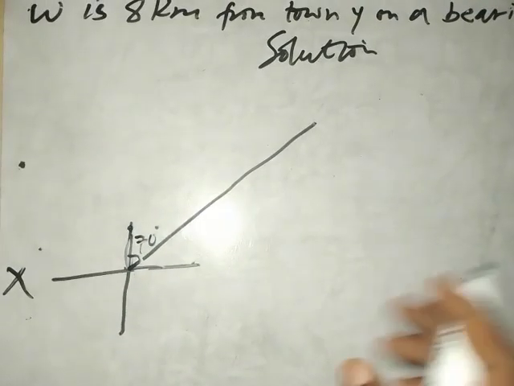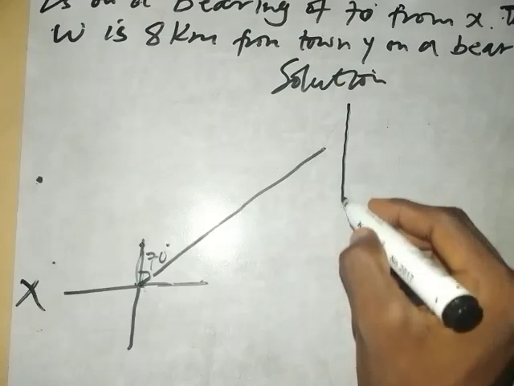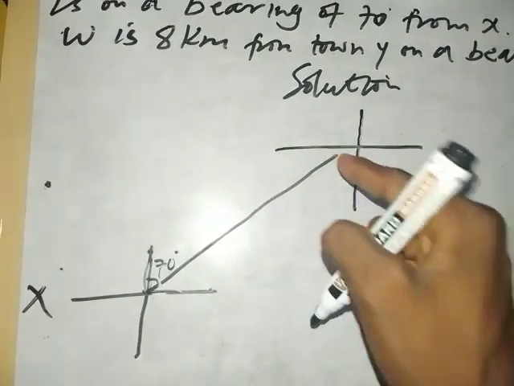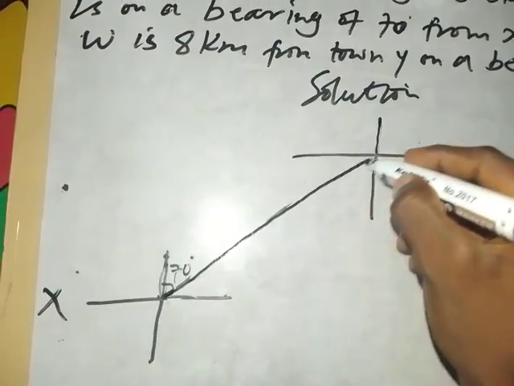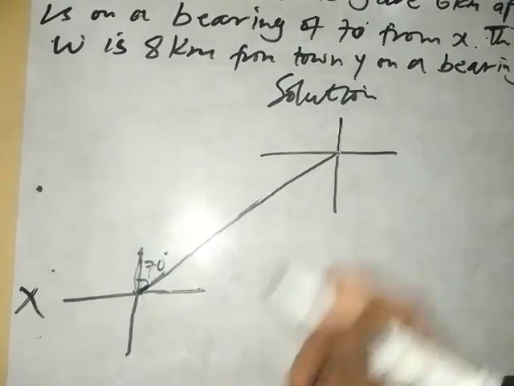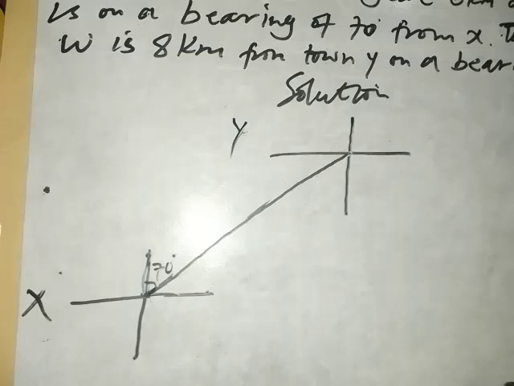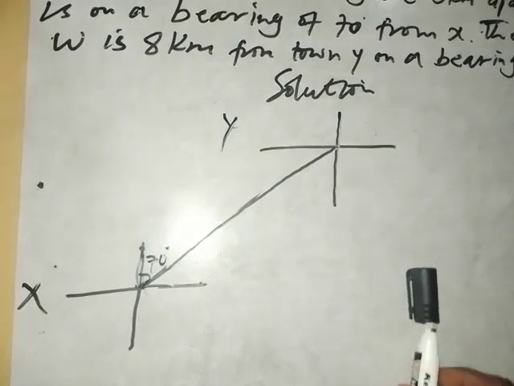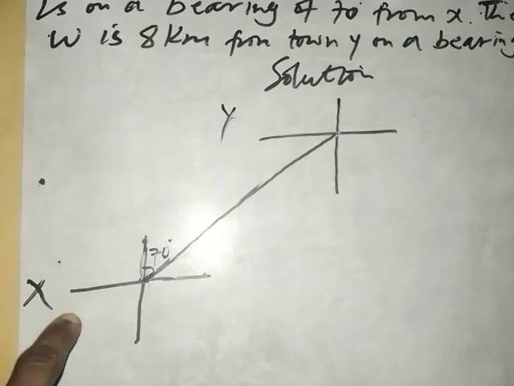Now you draw another line to meet there. You can call this your town Y. This is town Y. Now since we have located our 70 degrees from X, that is our town X.